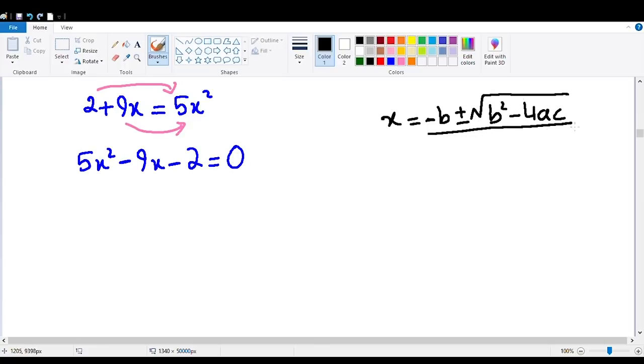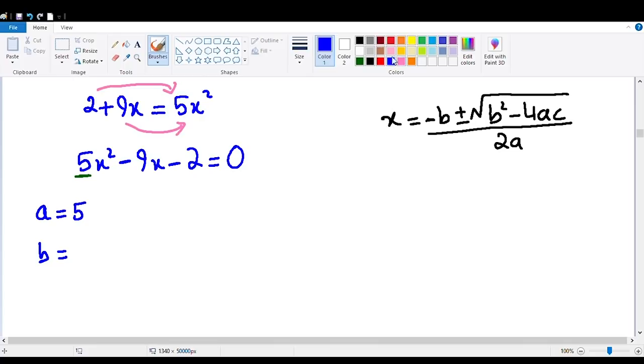over 2a. Now what you can do is write the values, like over here, the value of a. What is a in this formula? A is basically the coefficient of x squared in general, so the coefficient of x squared is 5, so we'll write a equals 5. Next we have b.